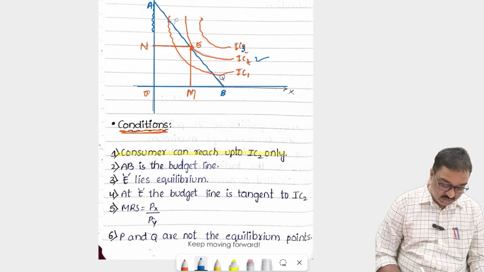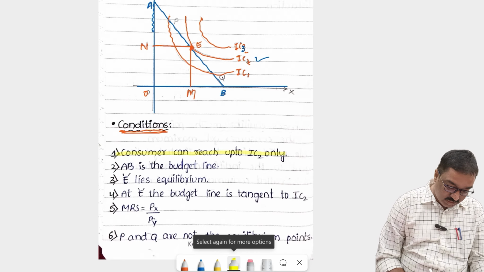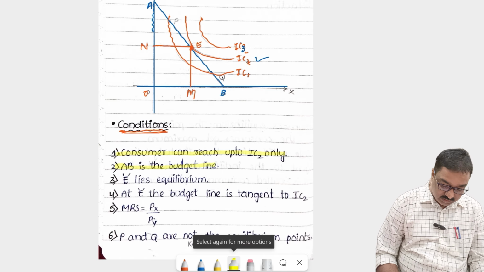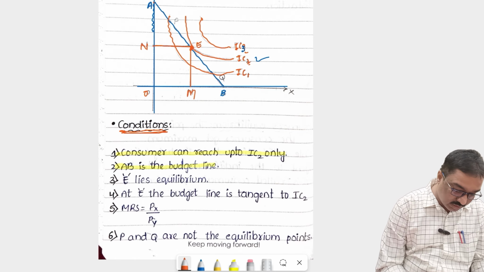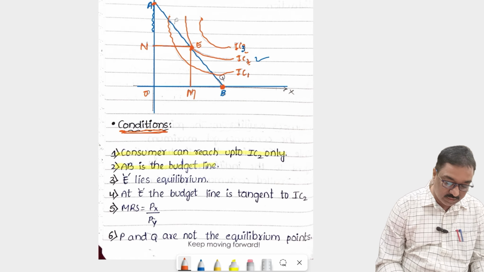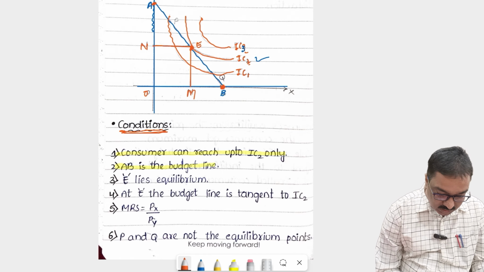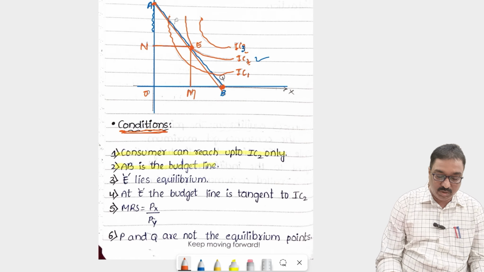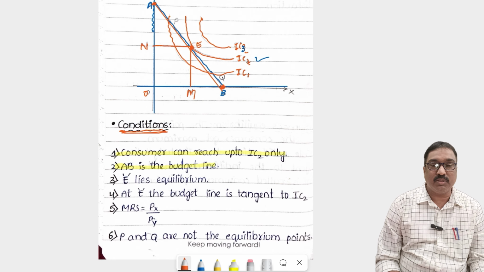AB is the budget line. Another important condition: AB is the budget line, from here to here. The budget line shows all possible combinations of goods which the consumer can buy.